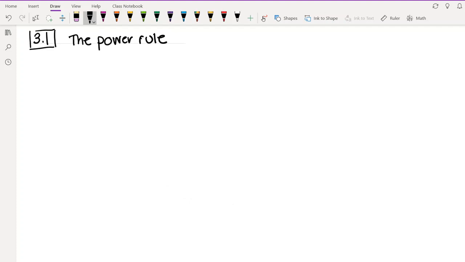I want to remind ourselves first of some of the derivatives that we've already found in previous videos. I'm just going to make a little table here. For example, in the very first video that we did about the derivative, we found that the derivative of x squared came out to be 2x.